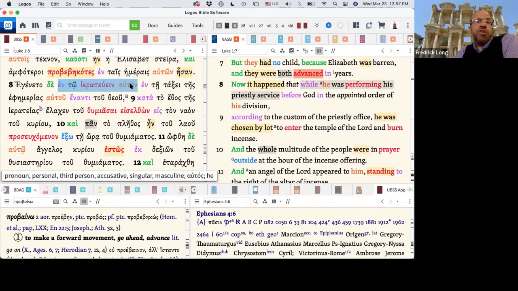He could have used maybe a conjunctive subordinate clause, or maybe a participle, while, with implied while serving as priest. But Luke uses this infinitive construction, which takes the accusative noun or pronoun as the subject of the infinitive. That's the construction.